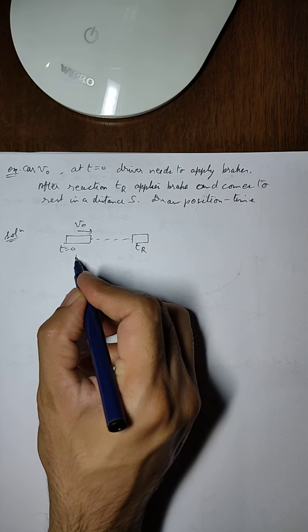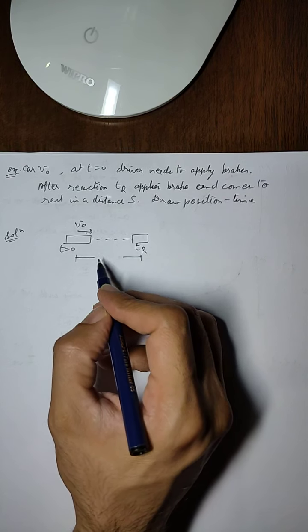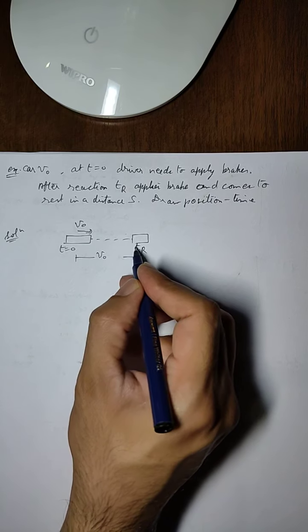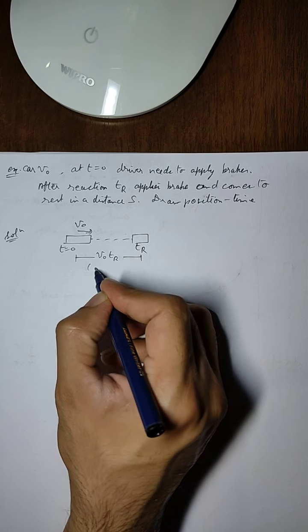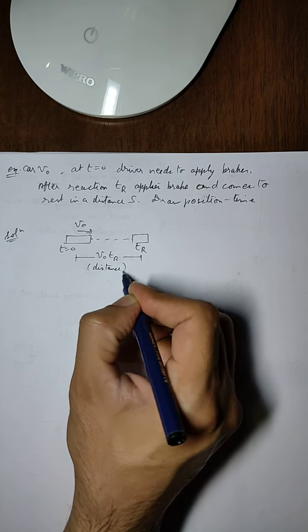Now in this distance he is moving with the constant velocity v0, so the distance moved will be velocity into time, so v0 into tr. This will be the distance covered during reaction time, before he actually applied brakes.